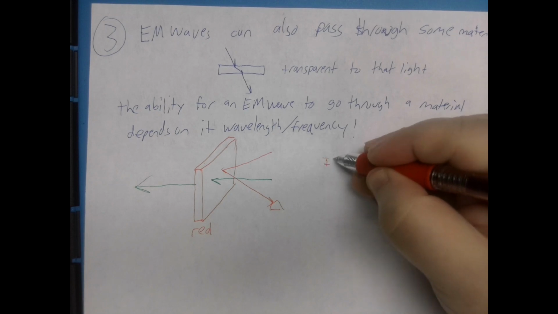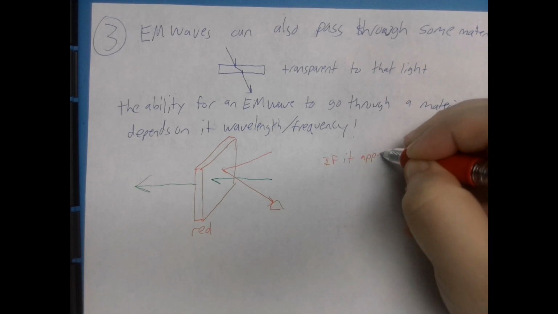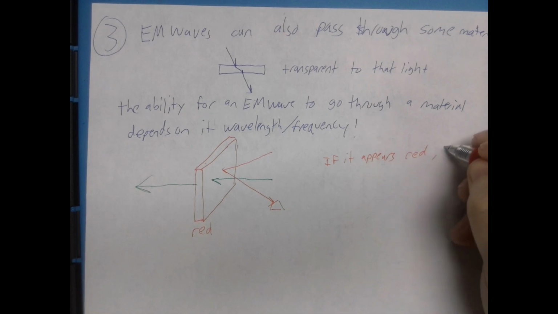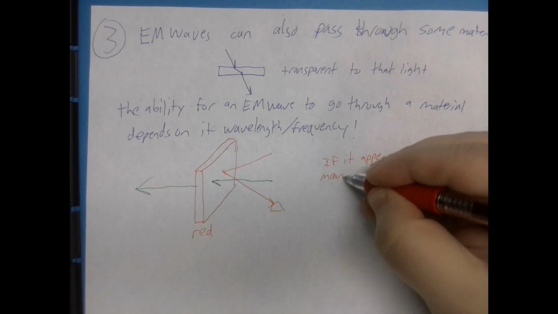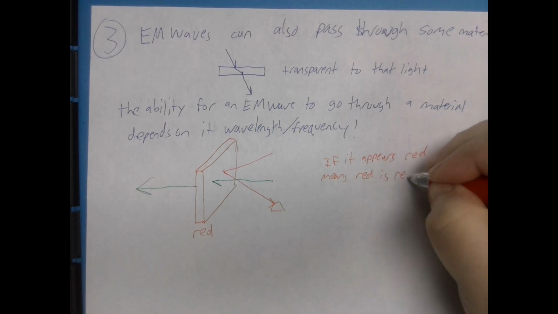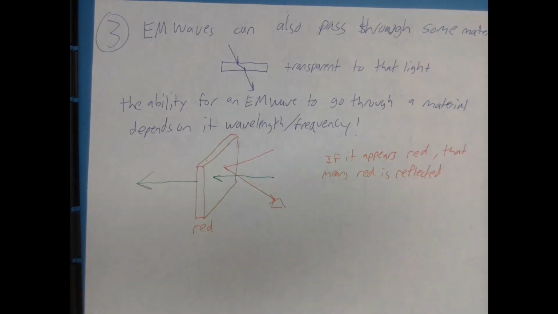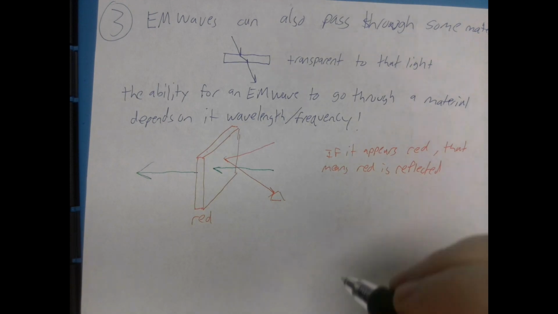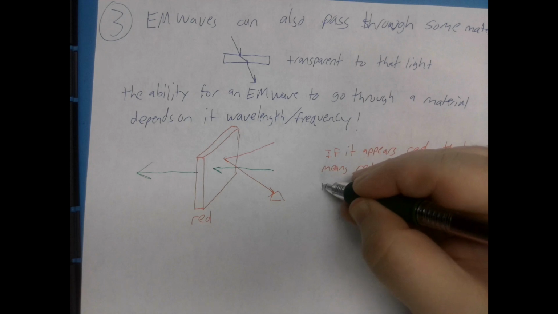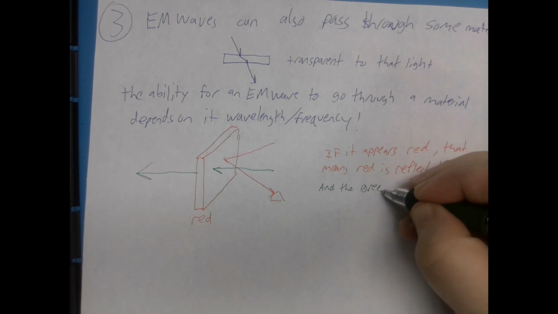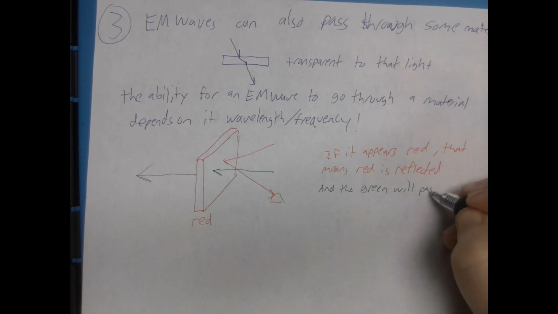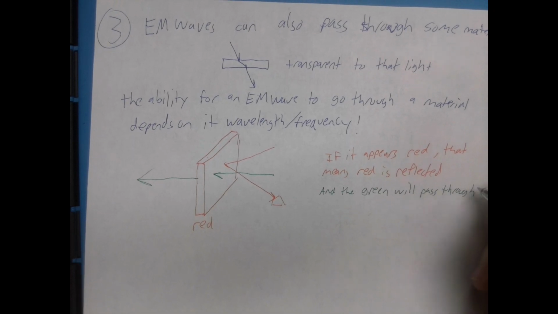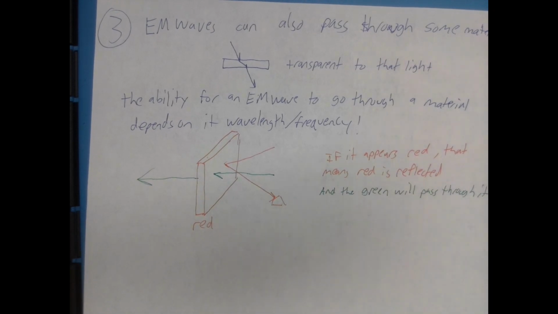So if it appears red, that means red is reflected, and the green light will pass through it. So it depends on the wavelength and frequency of the light.